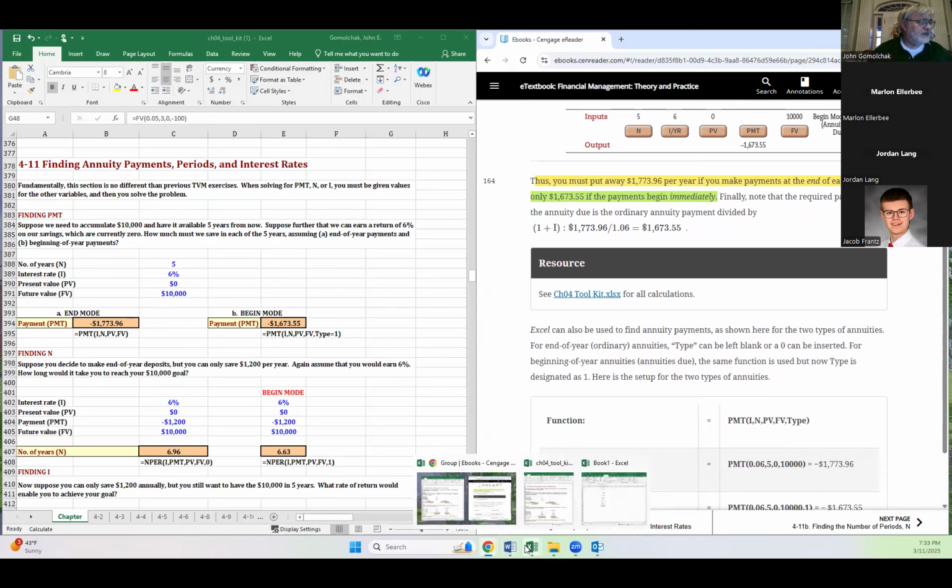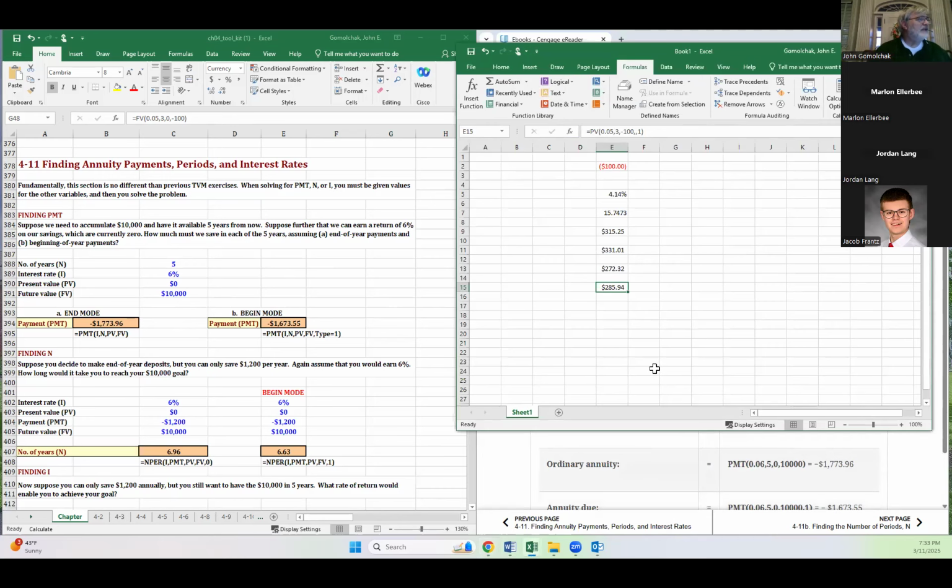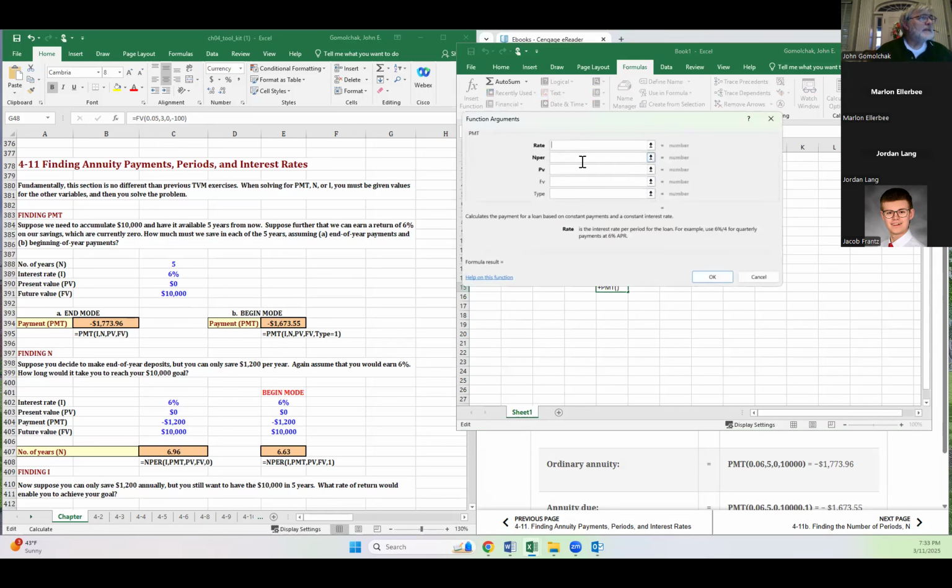So let's bring up Excel and see what we can do. All right. So 5 years, 6%, present value 0, future value of 100,000. So if we do payments, PMT, okay, rate, 6%. Number of periods, 5.